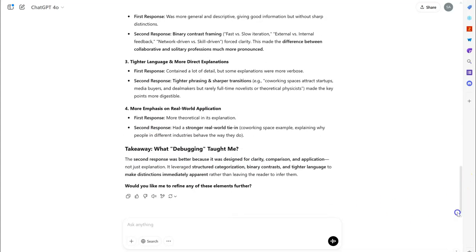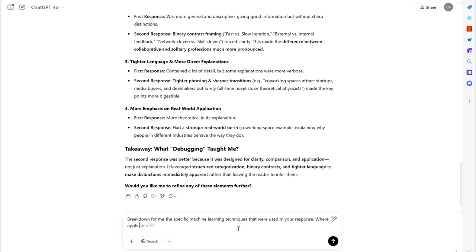Now, if I wanted to go a little bit deeper, I could say, break down for me the specific machine learning techniques that were used in your response.